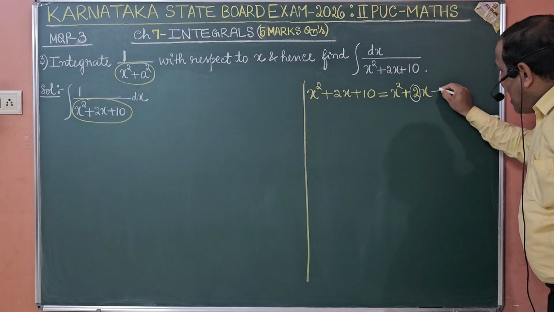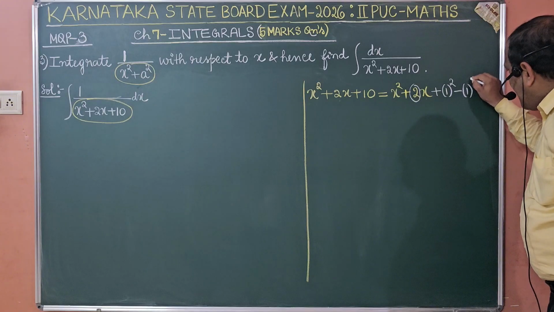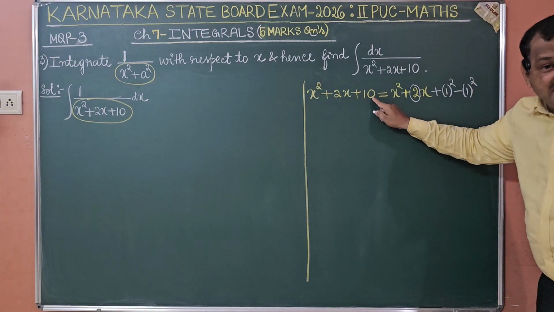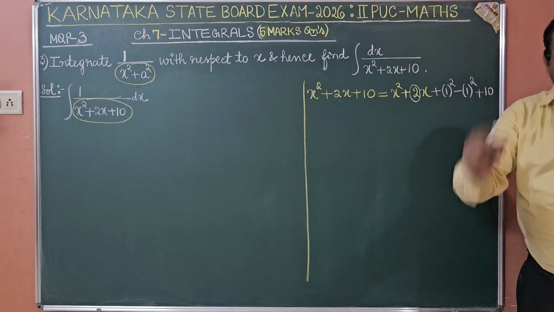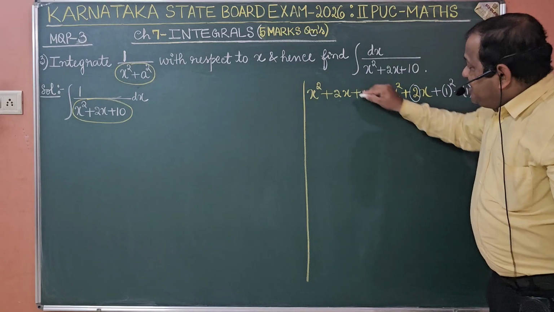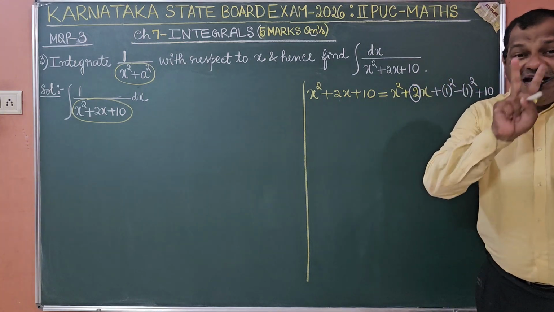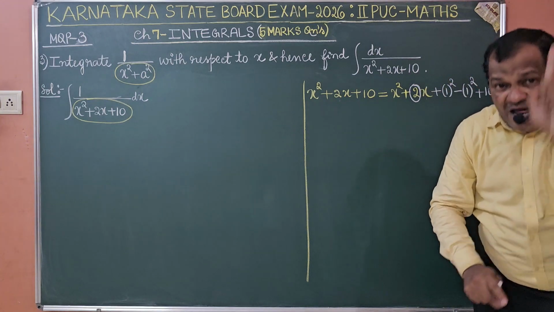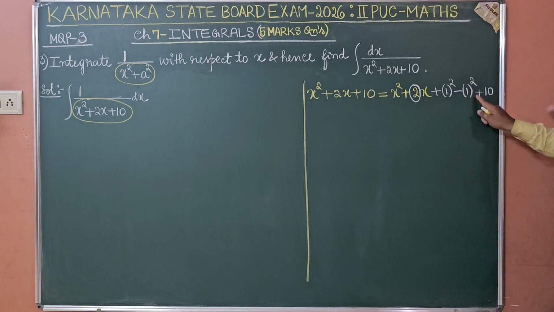Therefore I should add 1 square and subtract 1 square. What happens to plus 10? Remains as it is. See, I will repeat. Take the coefficient of x, that is 2, divide by 2. So 2 by 2, 1. So add 1 square, and subtract 1 square outside.